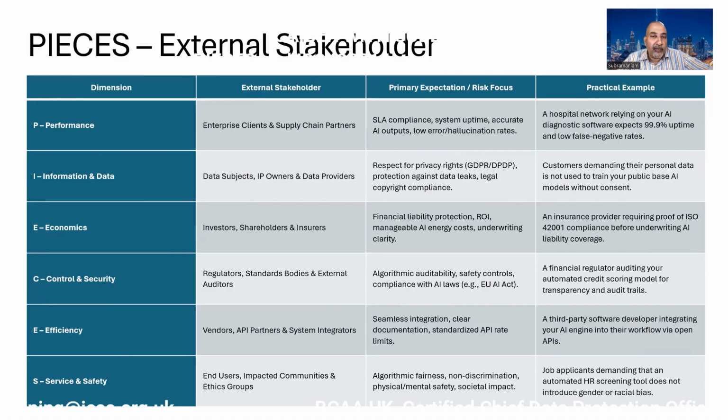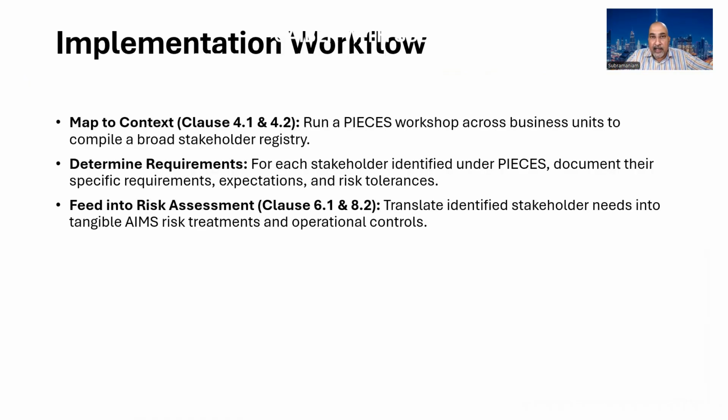So you need to perform the PISES exercise to ensure that you identify the right stakeholders, for both internal and external. I have given you just a sample. The applicability depends upon what sort of organization you are and which country you are working from. The sovereign AI laws will also be applicable. So have a wonderful time using the PISES to implement ISO 42001.